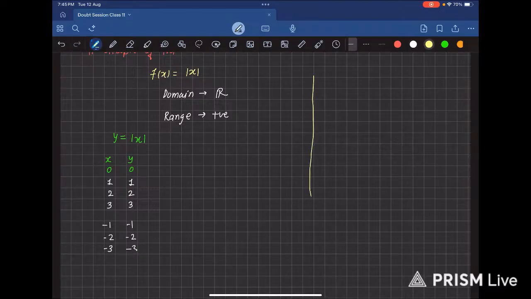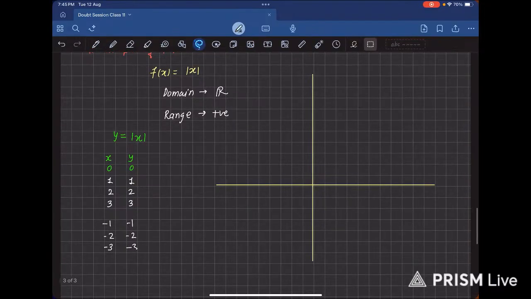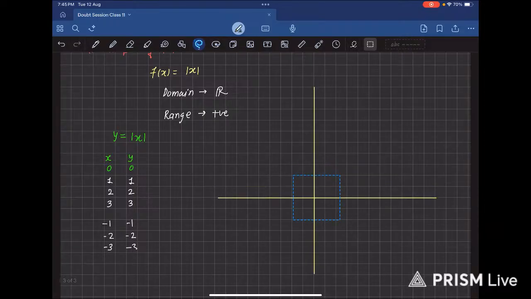Let us plot the y axis as well as the x axis here, students. And the point 0 comma 0, if I take here 1, 2, 3, 4, and here minus 1, minus 2, minus 3, minus 4, and 1, 2, 3, 4, minus 1, minus 2, minus 3.